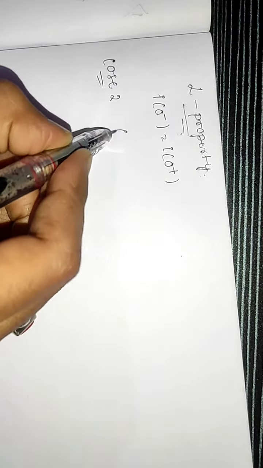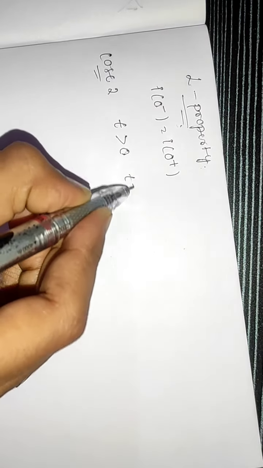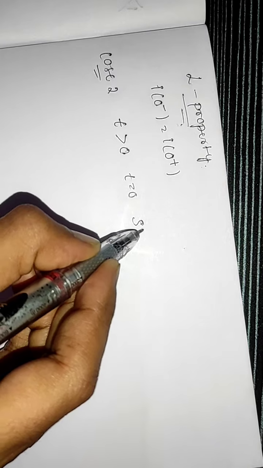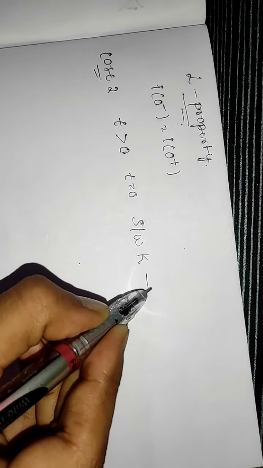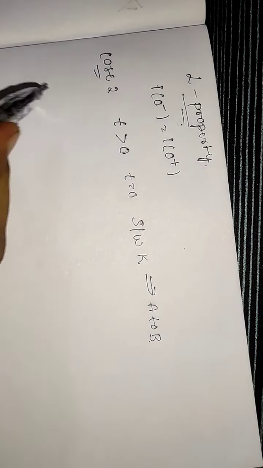In case 2, I will take the t greater than 0 circuit. I will write the circuit at t equals 0: switch K moving from A to B, right?